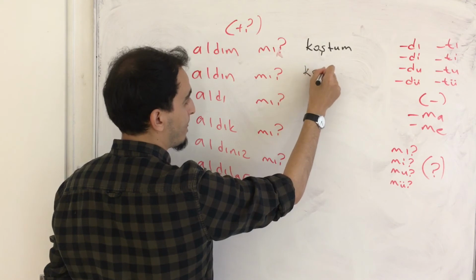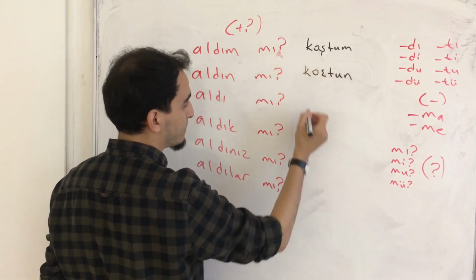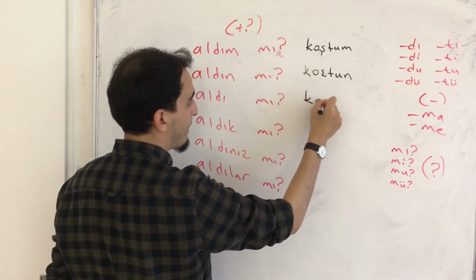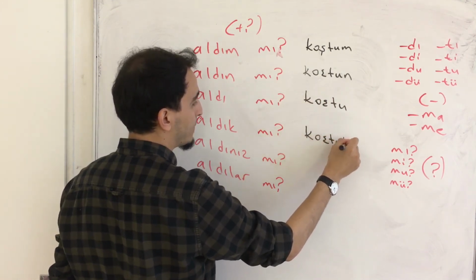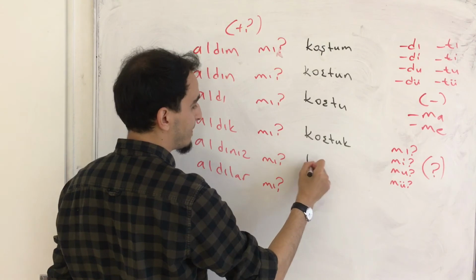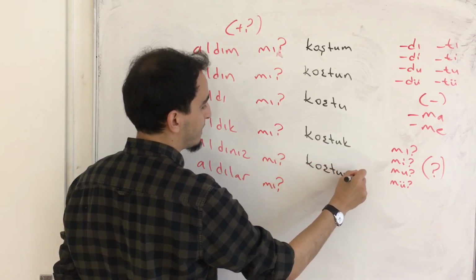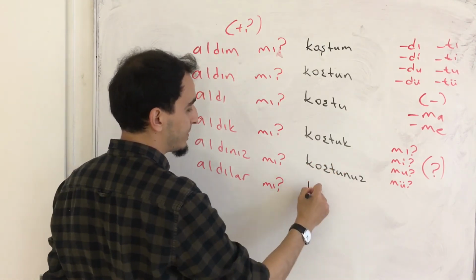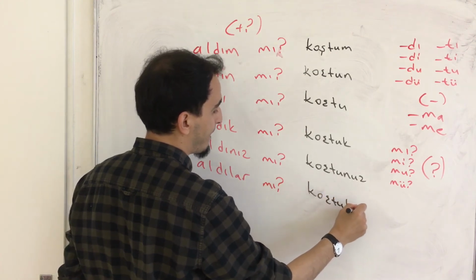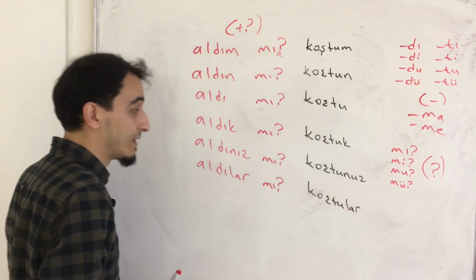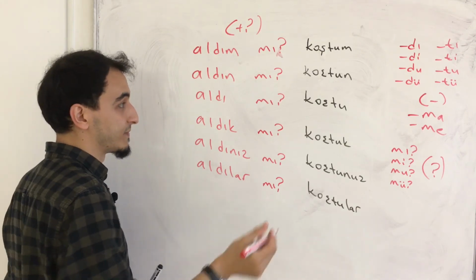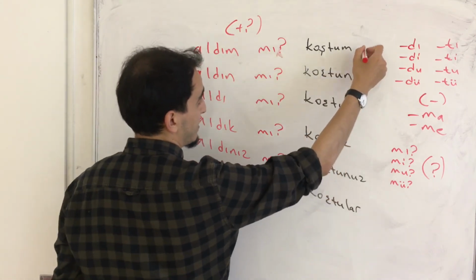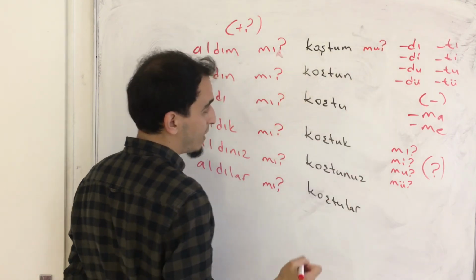Sen koştun. O koştu. Biz koştuk. Siz koştunuz. Onlar koştular. Evet. Let's convert them into question sentences. Ben koştum mu? Did I run?